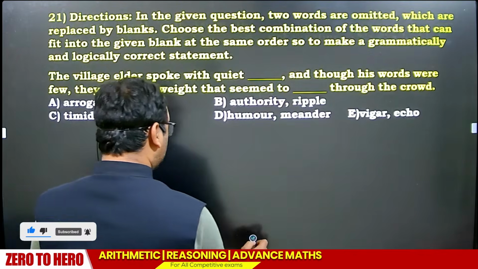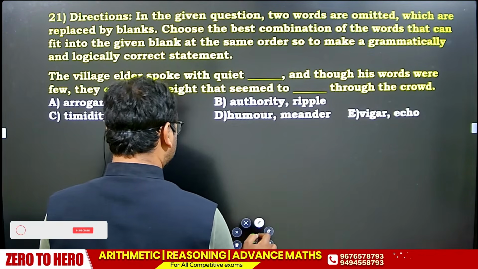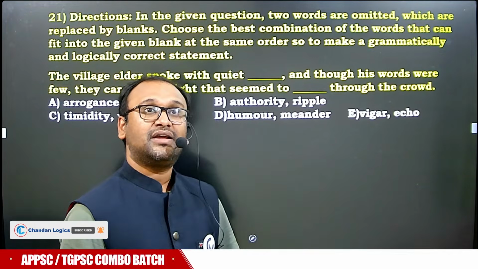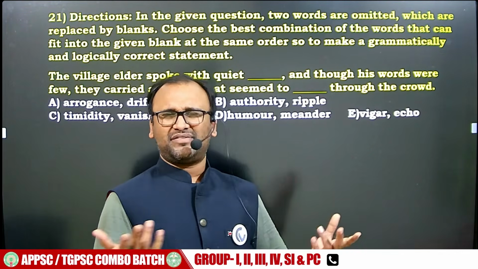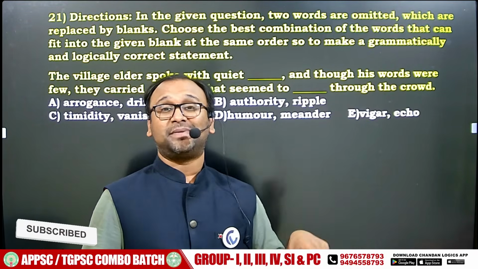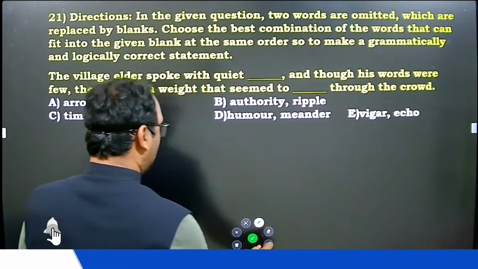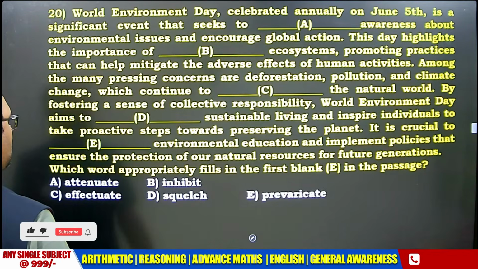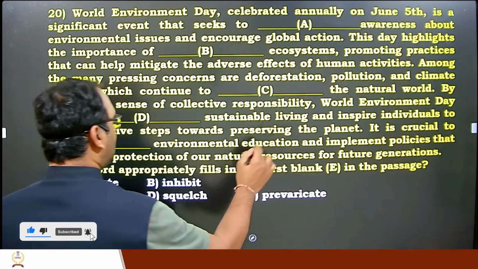Prevent can be a positive word. But in that sentence, what is the meaning of the sentence? That is important. Here he was trying to say, it is crucial to dash education.